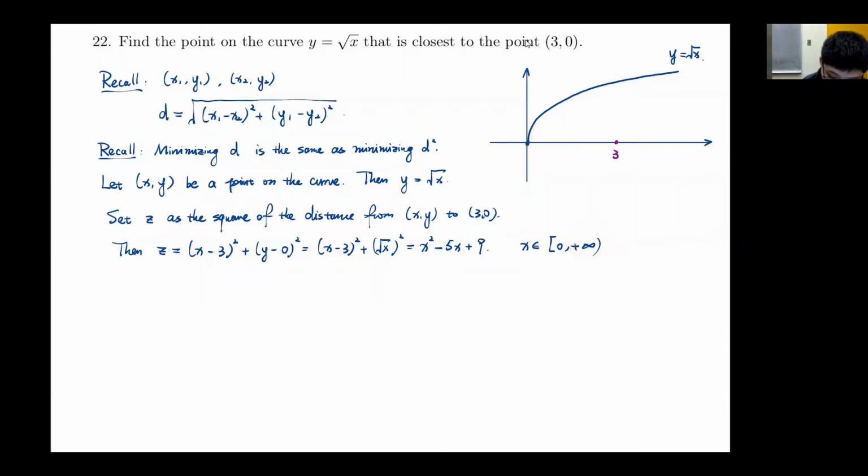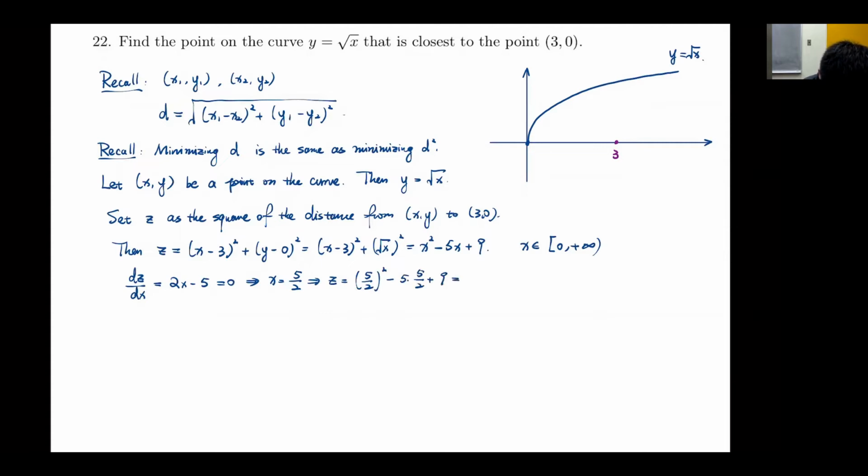All right, so this is the function we wish to minimize, and the domain looks like this, and the rest will simply be a standard procedure. So dz over dx is going to be 2x minus 5, and this equals 0 means x equals 5 over 2. The corresponding z value will be z equals 5 over 2 squared minus 5 times 5 over 2 plus 9.